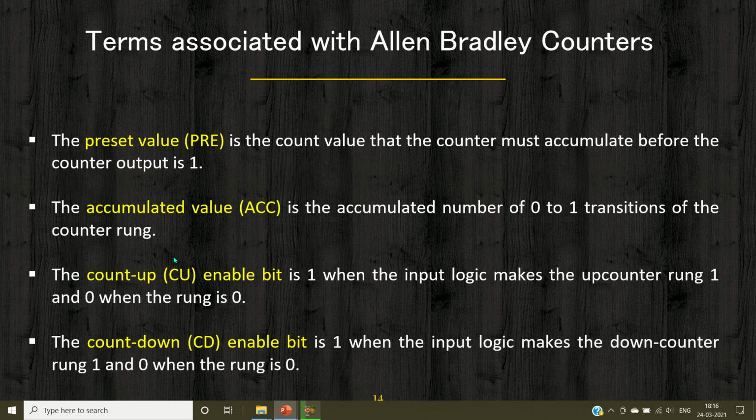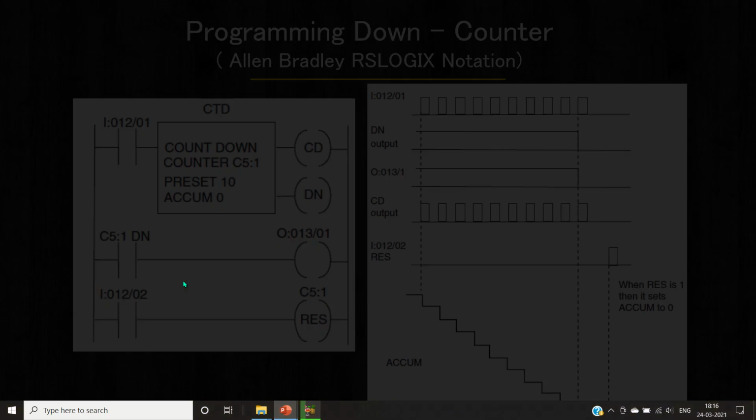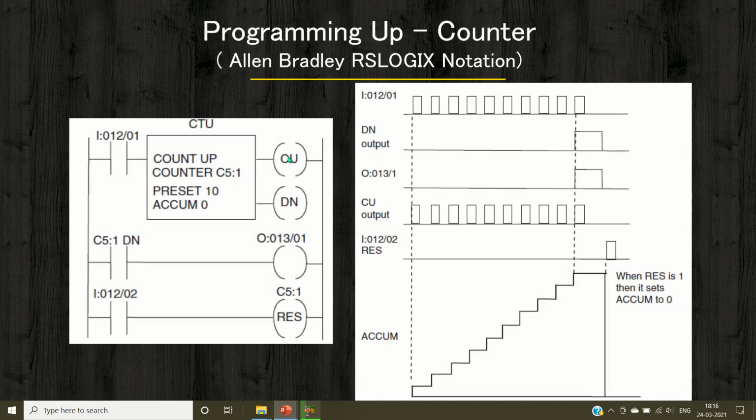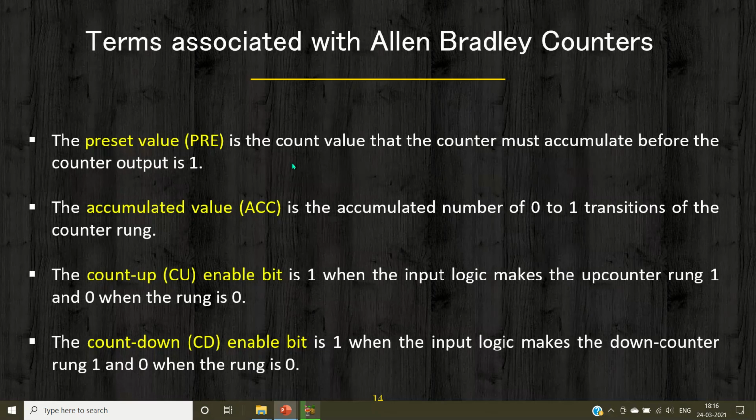Next there is the count up enable bit. You can see this is CD and this is CU. These are the two most important bits where you get each and every pulse that is there at the input.